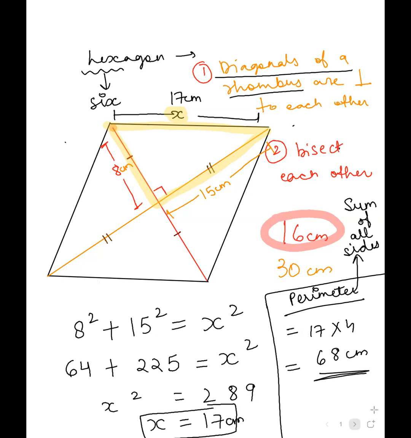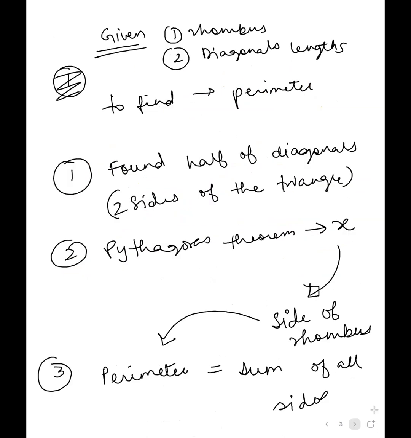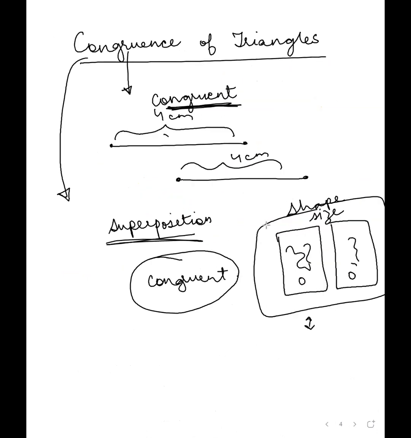Congruence of triangles means, first of all, you need to understand what congruence means. Congruence means equal. The two shapes should be equal in every single aspect. For example, with these two phones, their breadth should be the same, their length should also be the same, their thickness should also be the same.